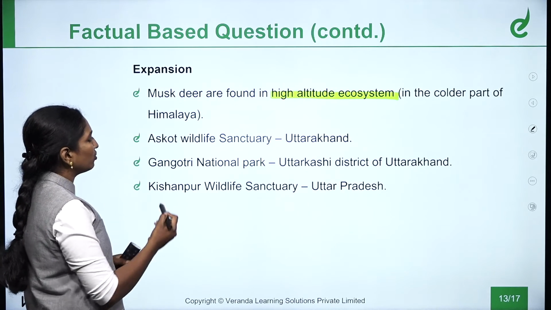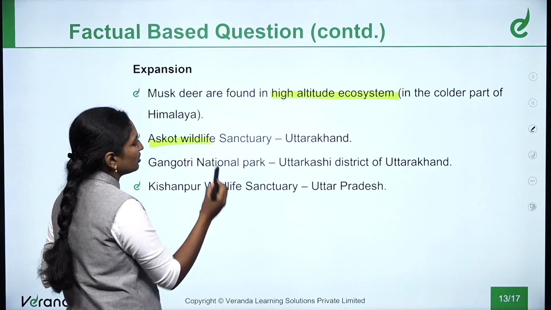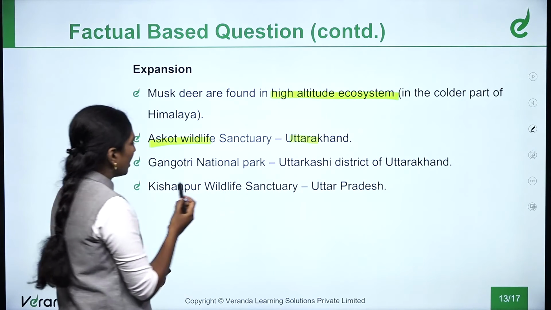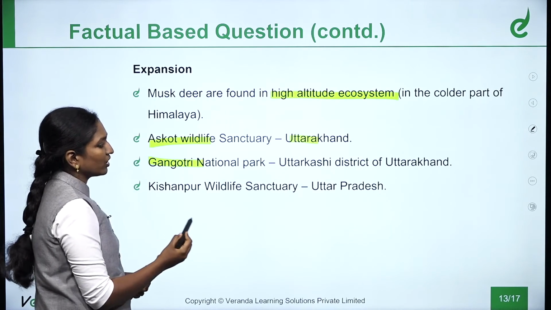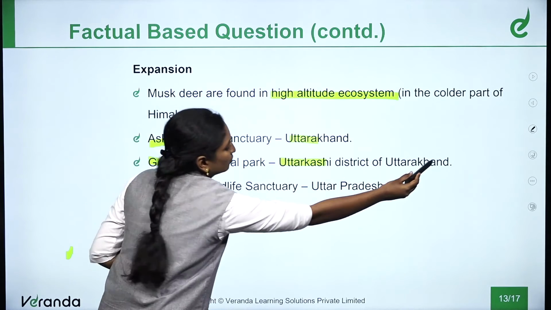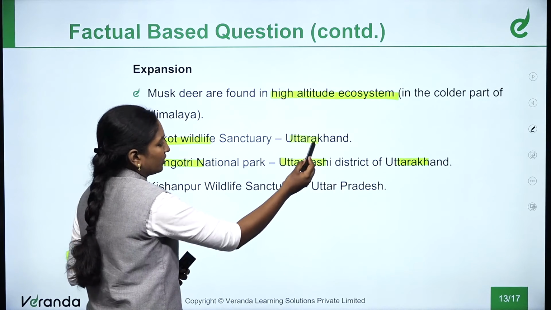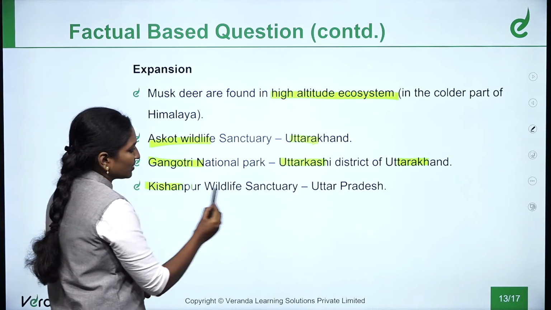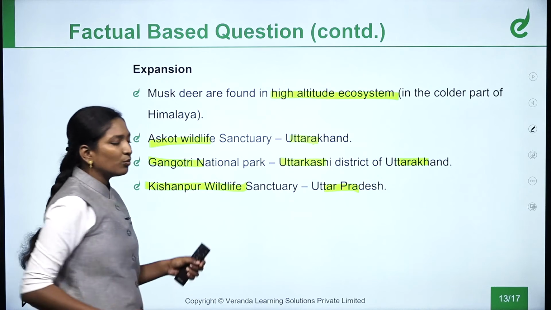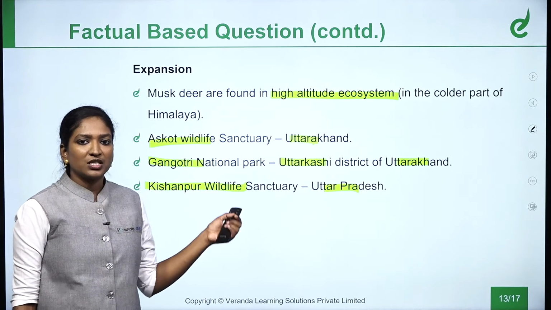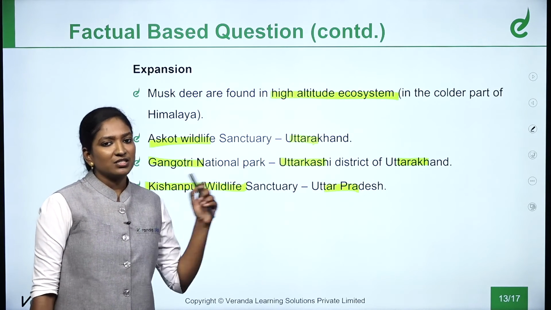Now let's note that Askot Wildlife Sanctuary is located in Uttarakhand and Gangotri National Park is located in the Uttarkashi district of Uttarakhand, so both are located in Uttarakhand but in different locations. Kishanpur Wildlife Sanctuary is in Uttar Pradesh, so we can eliminate that option in the musk deer question.